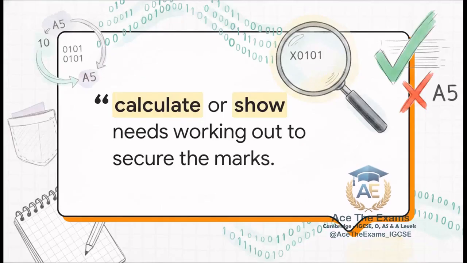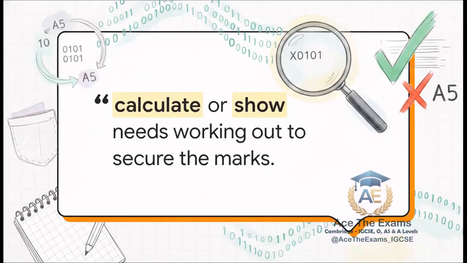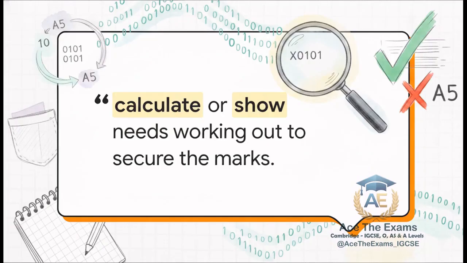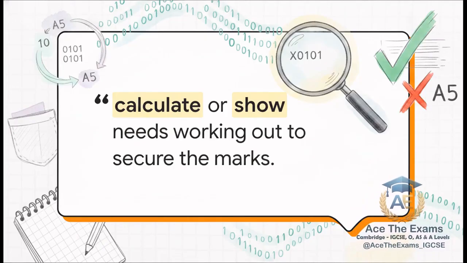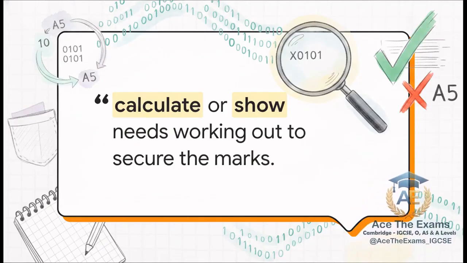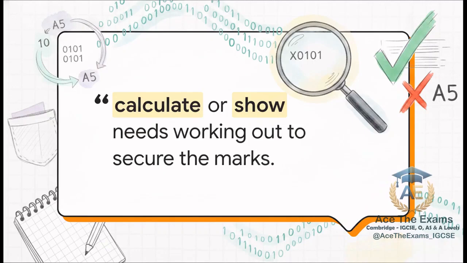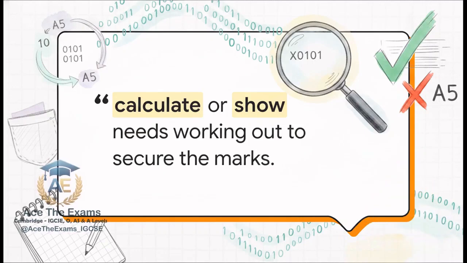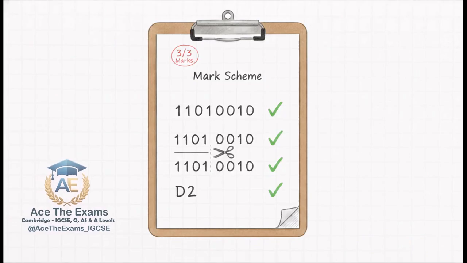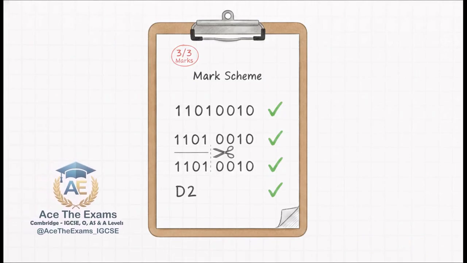And this right here reveals a massive hidden trap embedded in the syllabus itself. When examiners use command words like calculate or show, just writing down the final hex value, even if it's 100% correct, will cost you dearly if you don't have the binary working out. The examiner wants to see your whole investigative process, not just your final verdict. Basically, the rule of thumb is 1 mark requires 1 distinct technical point.